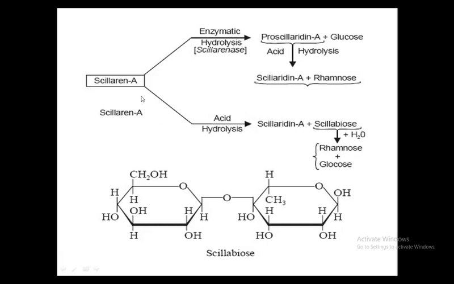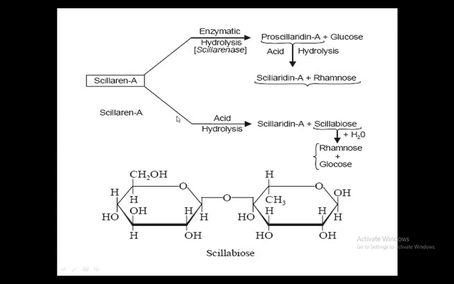Scillaren A on enzymatic hydrolysis, the enzyme responsible for hydrolysis of scillaren is scillarenase. This on hydrolysis gives proscillaridin A plus glucose. This is your partial hydrolysis where proscillaridin and glucose are the products. This proscillaridin contains the aglycone of scillaren A, that is scillaridin A, and rhamnose, which on complete hydrolysis gives scillaridin A plus rhamnose.